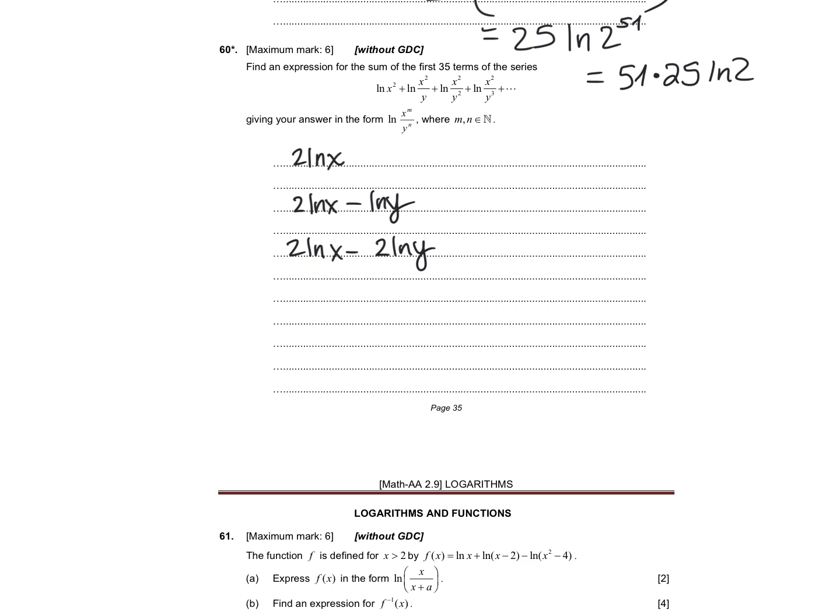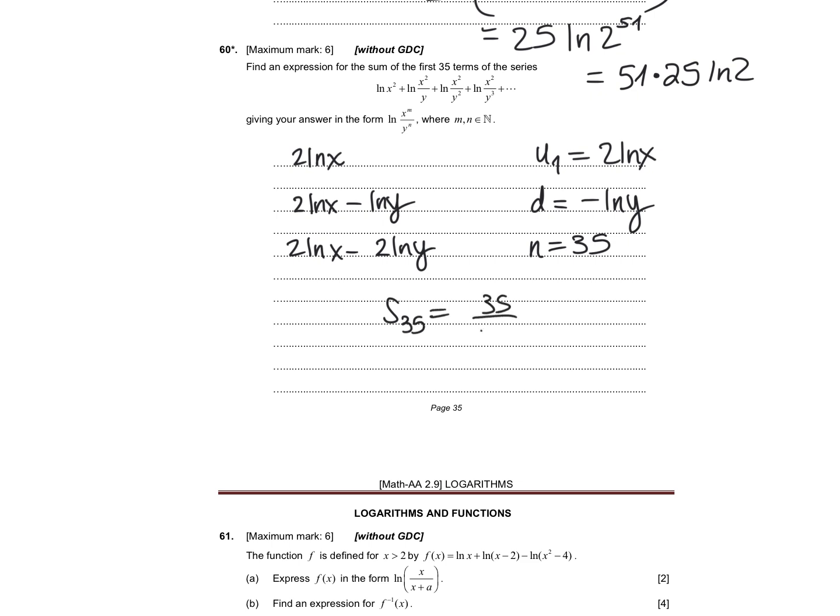Okay, so we're going down. Okay, so D, we're subtracting natural log y every time. Okay, U1 is 2 natural log x, or natural log x squared, and we want the 35 terms. So this is arithmetic.